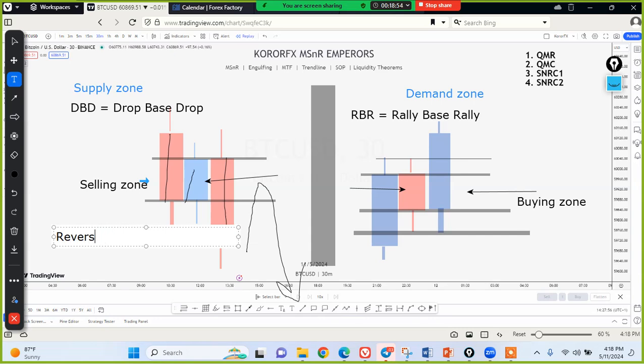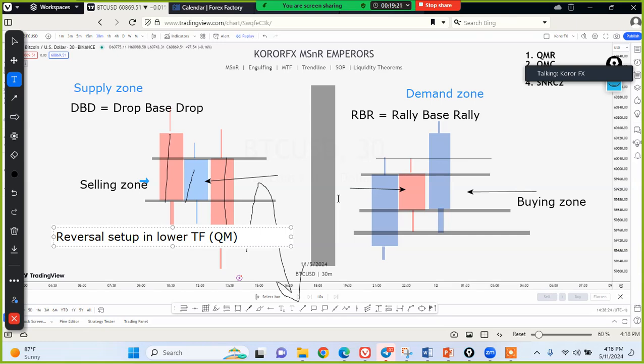When we switch into the lower time frame, we look for QM, because we always look for the QM setups. I will show you the differences and the types of QM in this session right now, so don't worry.